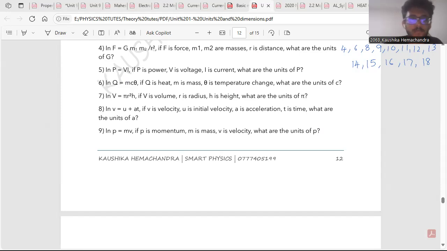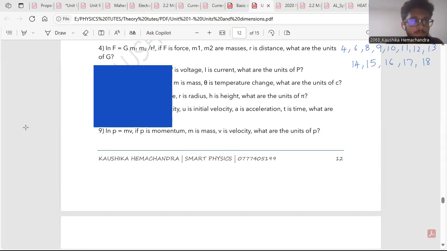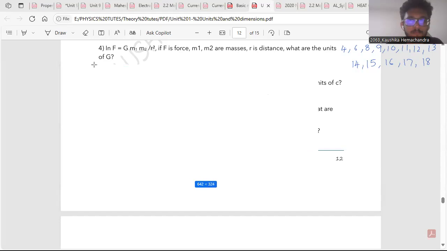Right. So, fourth one, F equals G M1 M2 over R square. F is a force, M1, M2 are masses, and R is the distance.